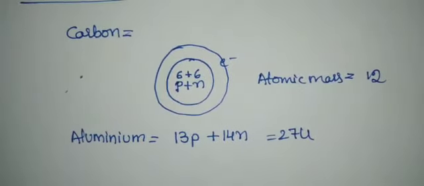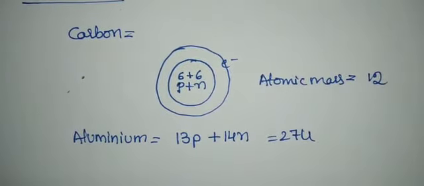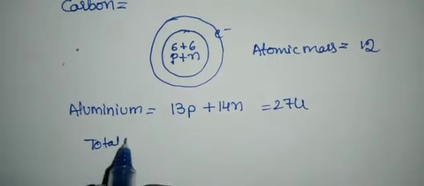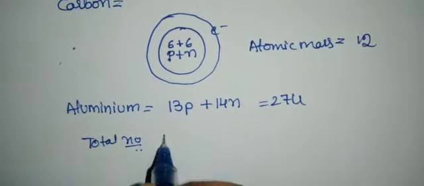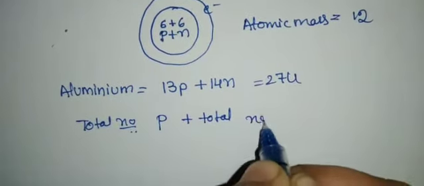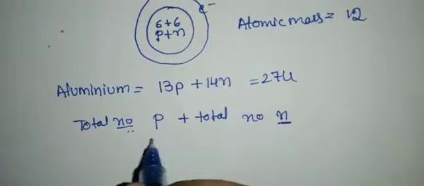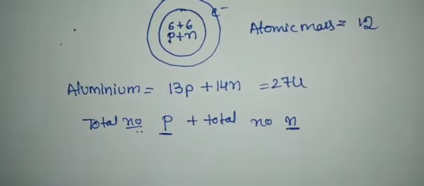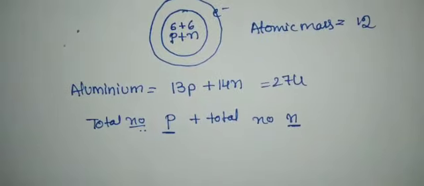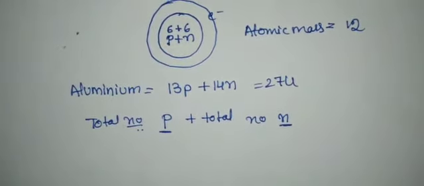So by this we can say that the mass number is defined as the sum of the total number of protons and total number of neutrons, which is present in the nucleus of an atom. We can call it a mass number.